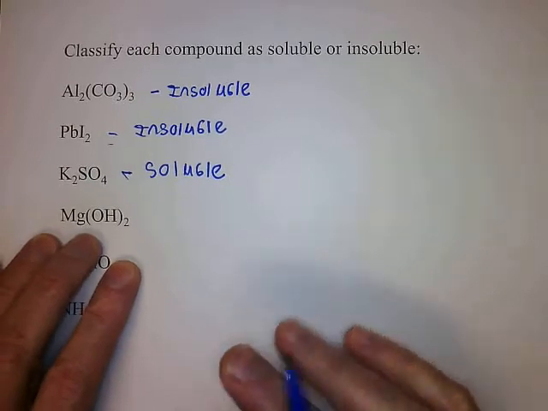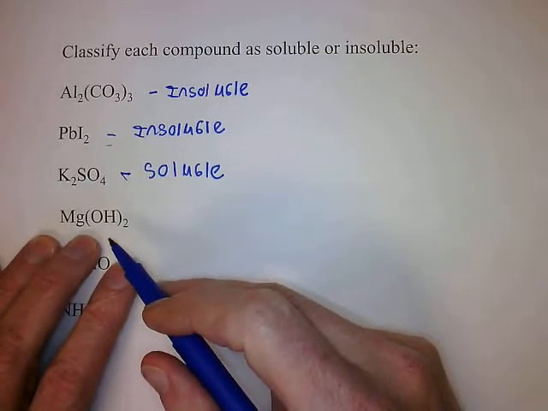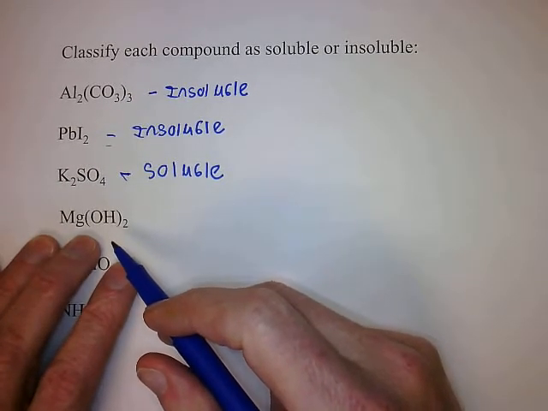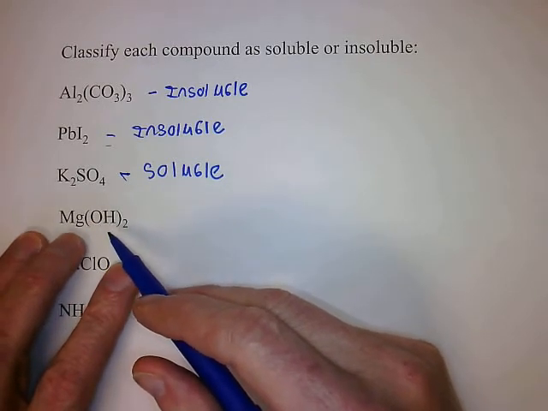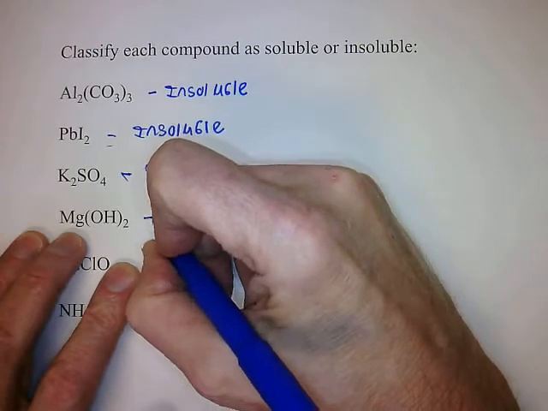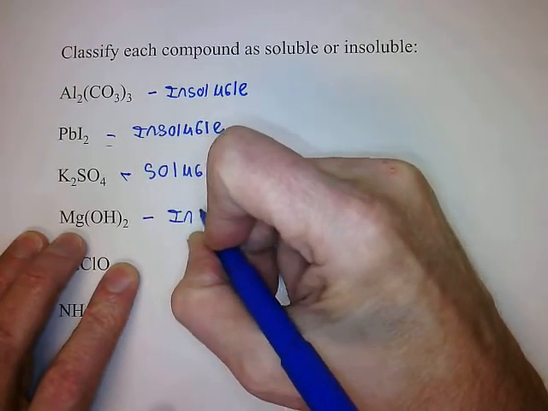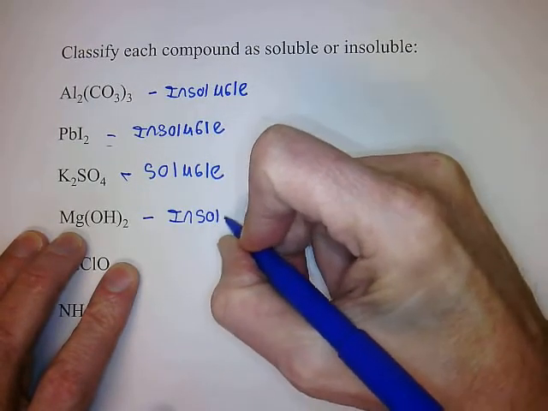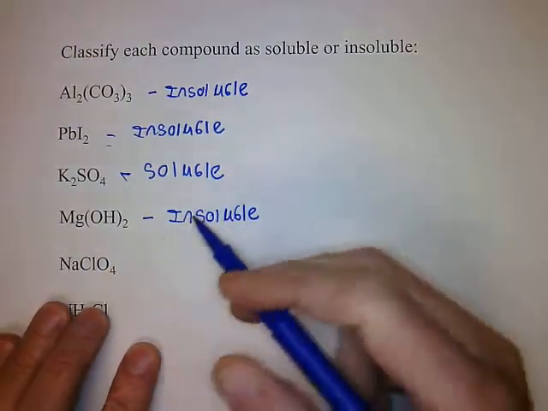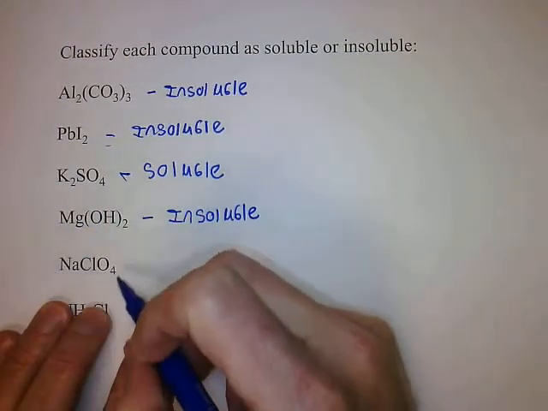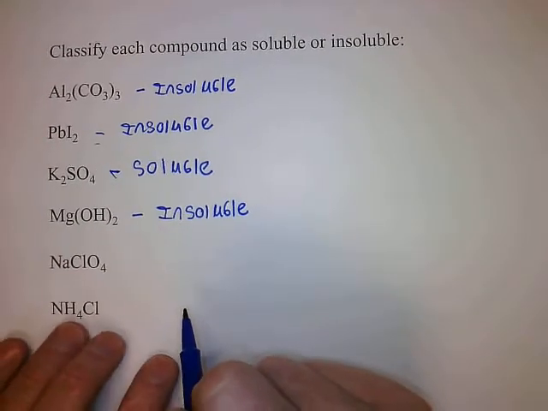Magnesium hydroxide. Hydroxides typically tend to be insoluble with some exceptions. And magnesium is not one of the exceptions, so that's insoluble. Okay. Now, sodium perchlorate.